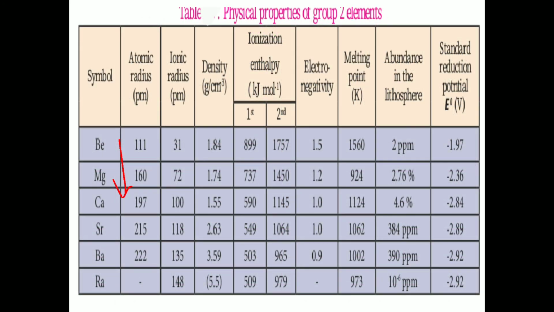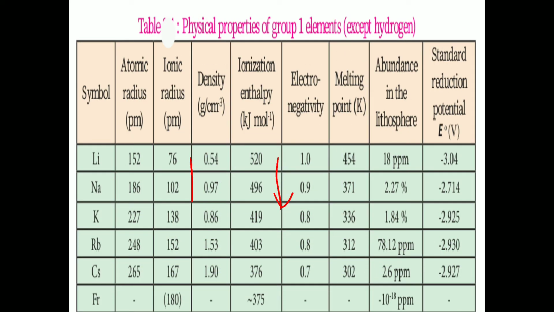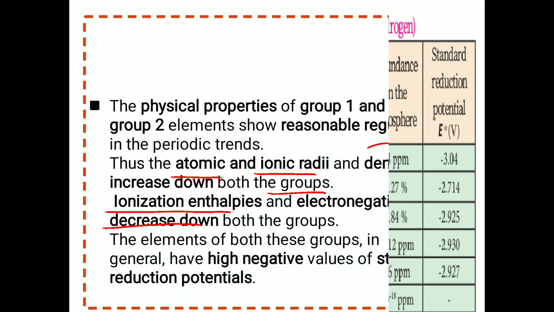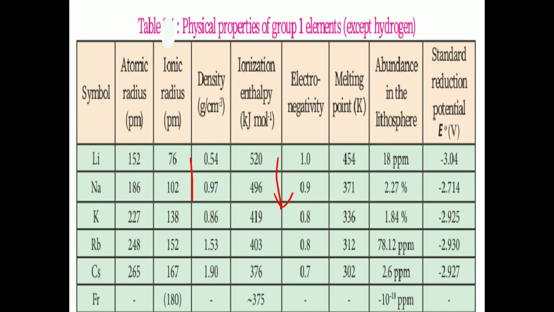The same trend is shown in the ionization enthalpy and electronegativity of the group 2 elements. The elements of both these groups in general also have high negative values of standard reduction potential.